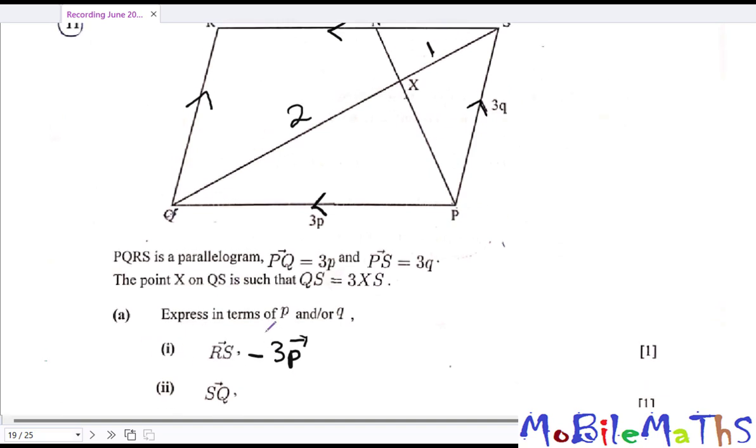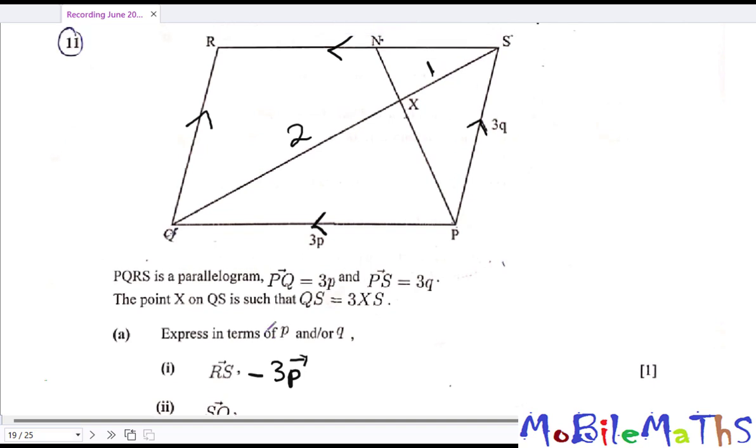Then we move on to the next one, SQ. We want to find SQ. It means we are moving from S to Q, in this direction. So how do I go that way? You find out I can go via SP and PQ like that. Okay, so let's go through that direction and see what we are going to find.